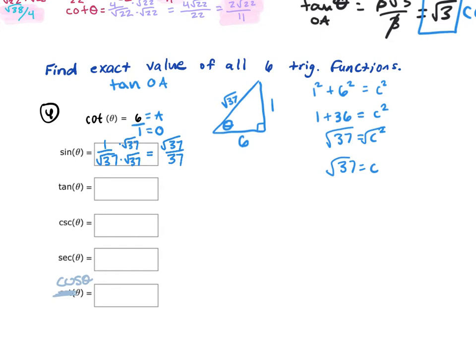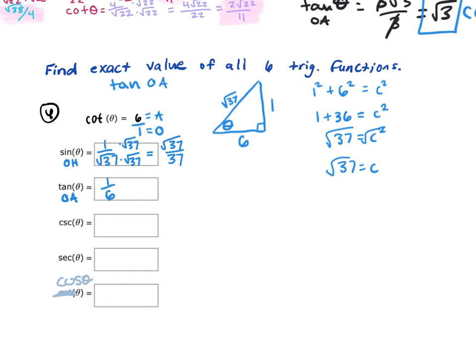Next, let's find our tangent. Tangent is opposite over adjacent. So what would tangent be? 1 over 6. Perfect.